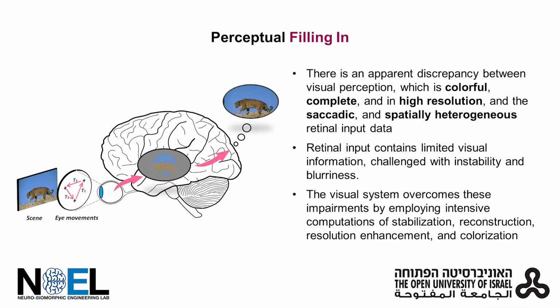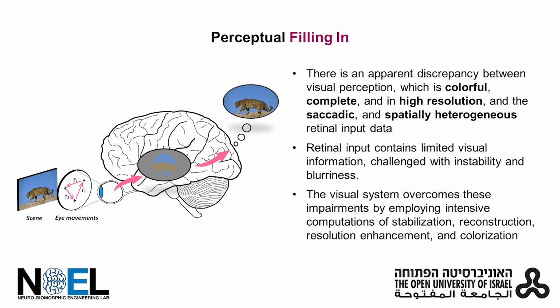While human visual perception is stable, in saccadic vision, retinal objects' projections are continuously altered, supposedly resulting in motion blur and instability. However, even though visual information is lacking in the peripheral retina, our subjective visual experience is that of sharp and colorful surfaces, both in the center and in the peripheral vision.